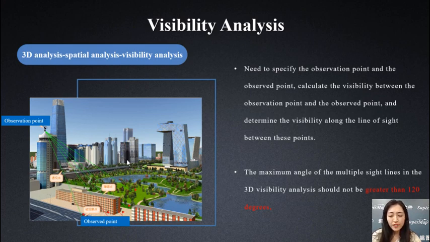What we need to pay attention to is the one-to-many relationship between the observation point and the observed points. The maximum angle of the multiple sight lines in the 3D visibility analysis should not be greater than 120 degrees.